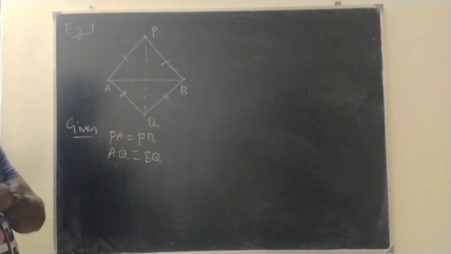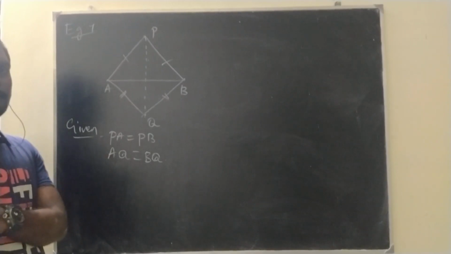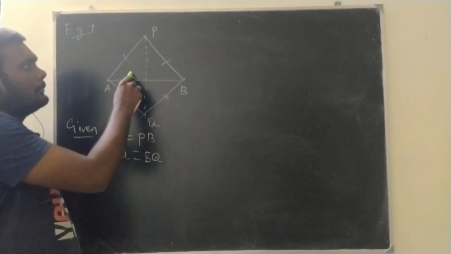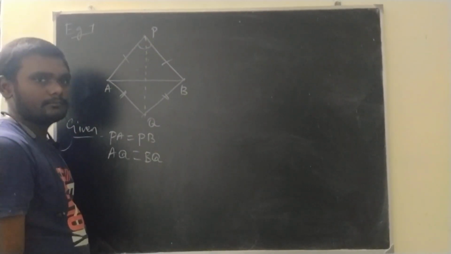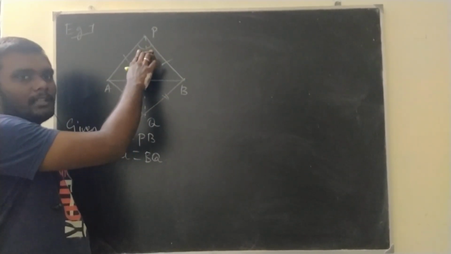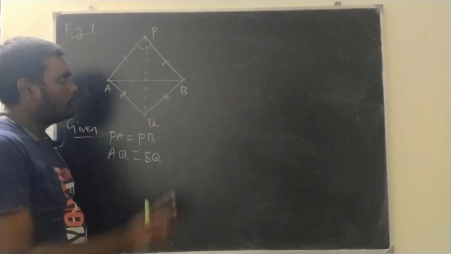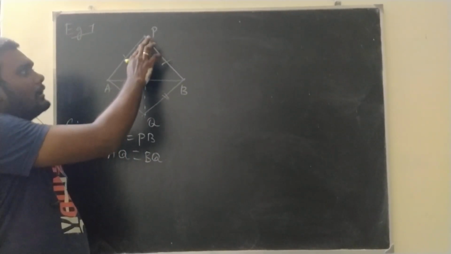How can we prove that two halves are equal? For that, we should need these two angles to be equal. If these two parts are equal, then by SSS congruency we can say these two halves are equal. But we don't know whether these two are equal or not.